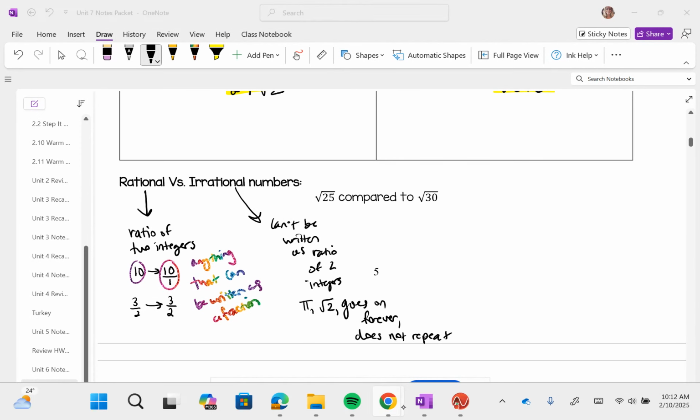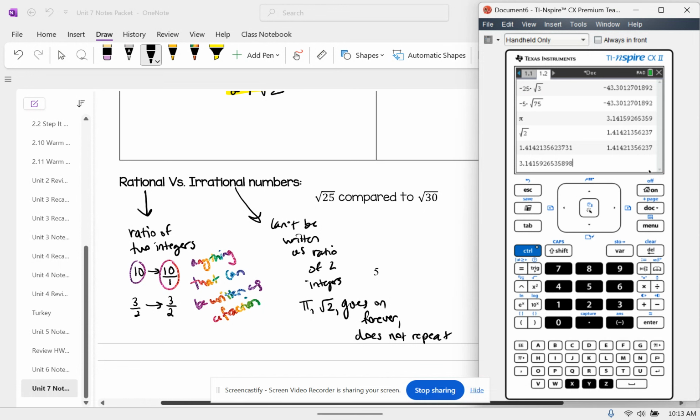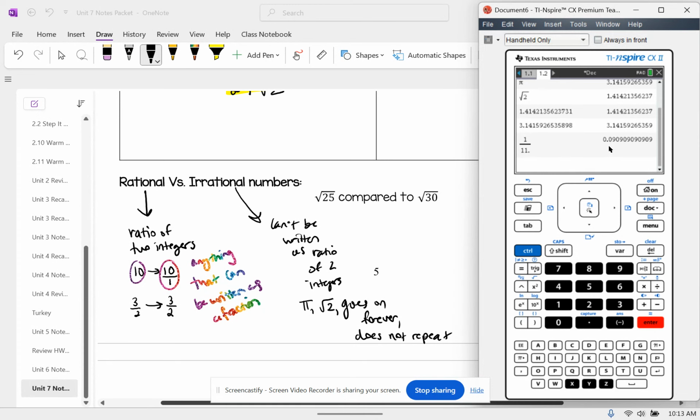Why does it go on forever and not repeat? Okay, check out 1 over 11. So this is a decimal that goes on and on and on forever. I pick it up and it keeps going. But this is just rounding, right? It doesn't repeat, it just keeps going. Another example could be 1 divided by 7.